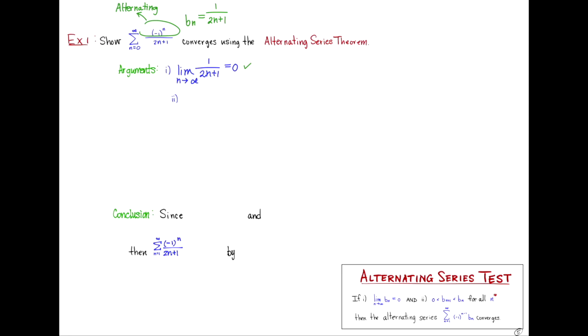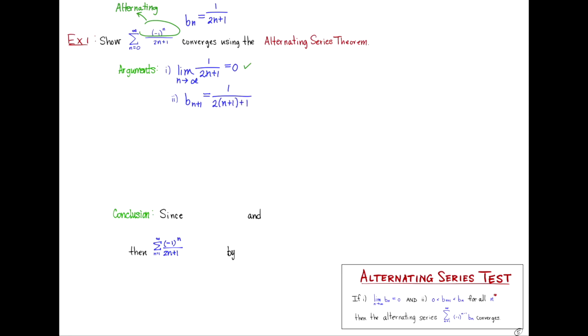So let's start by defining b sub n plus 1. We already know from above that b sub n is equal to 1 over 2n plus 1. So to find b sub n plus 1, we just want to replace n with an n plus 1, giving us 1 over 2 times n plus 1 plus 1.